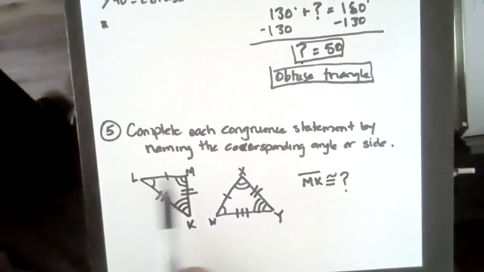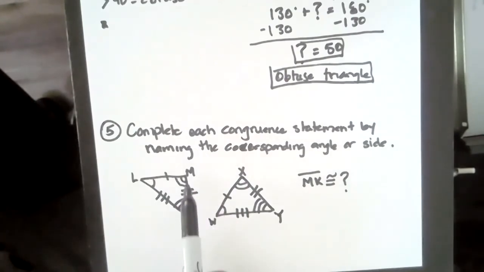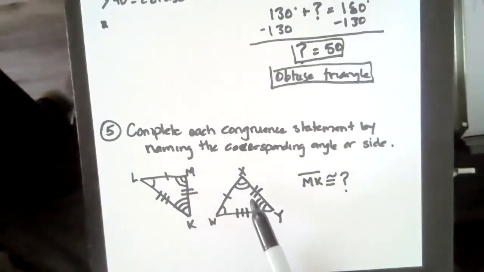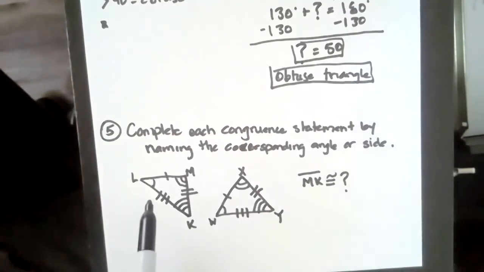So line LM would be congruent to line WX because there's 1 hash. Line MK has 2 hashes, which corresponds to line XY, because there are 2 hashes there and 2 hashes here. There are 3 hashes on line LK, which corresponds to line WY.